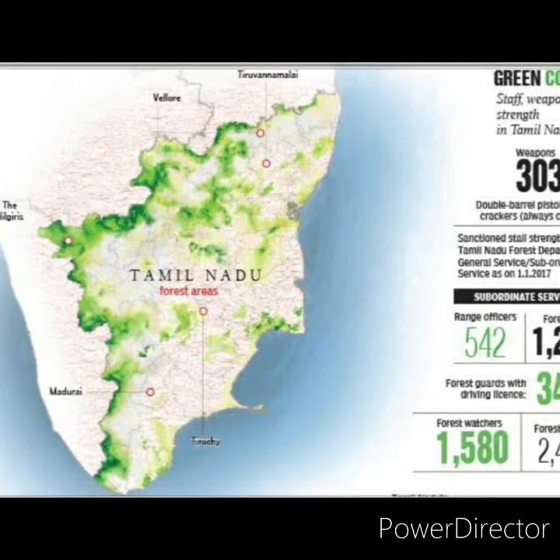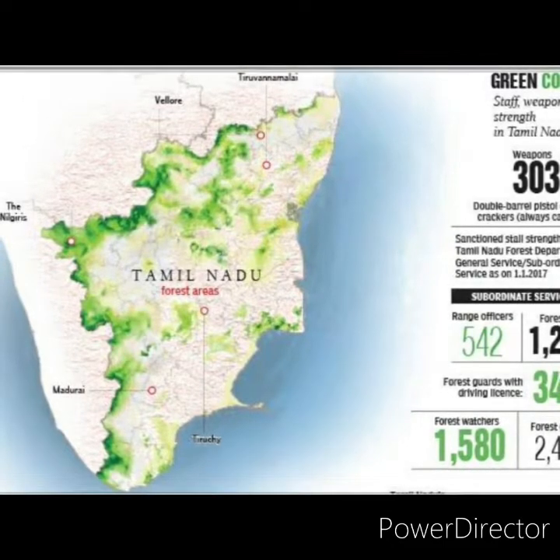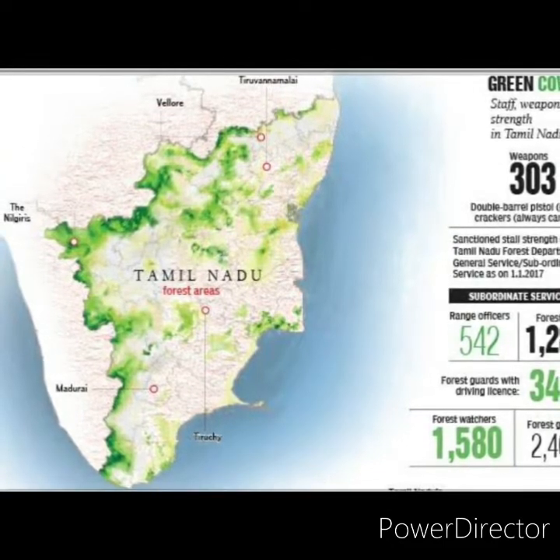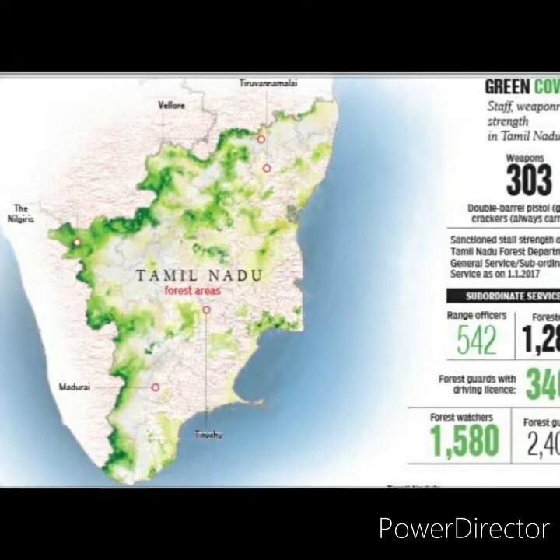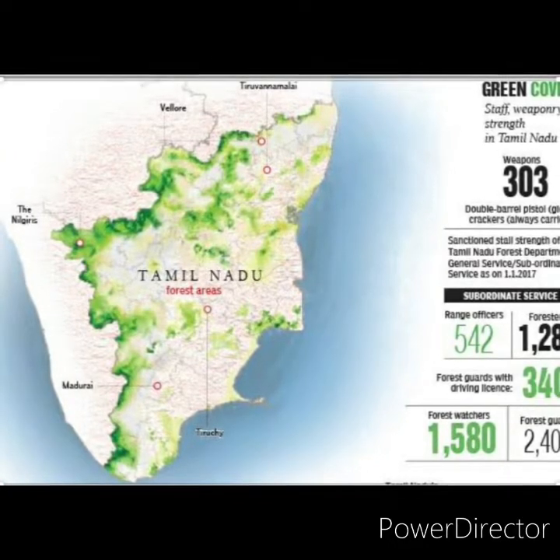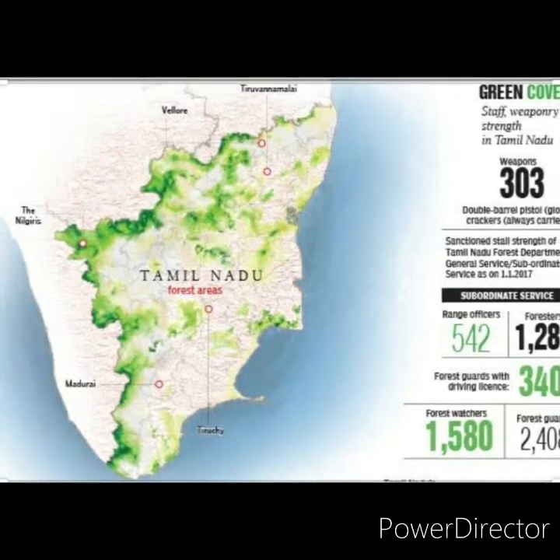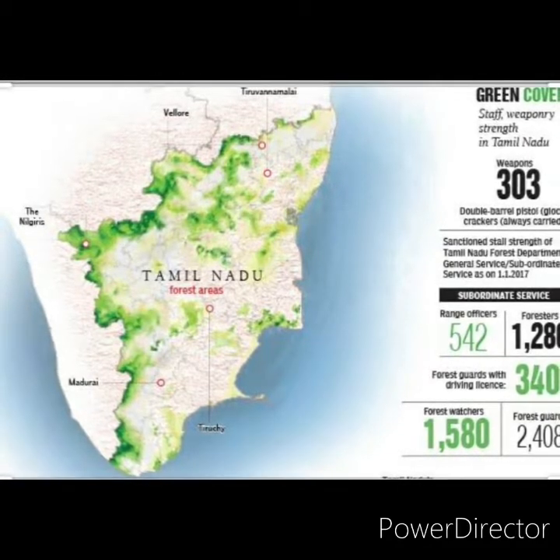As per National Forest Policy 1988, a minimum of one third of the total geographical area must be under forest cover. But Tamil Nadu is very low in the forest sector.